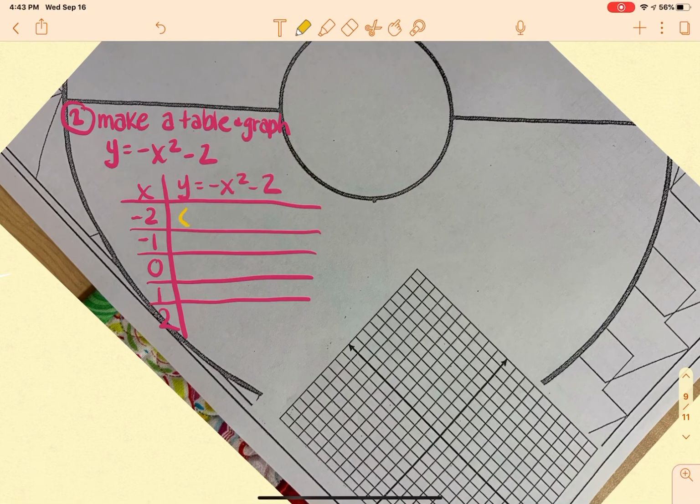Okay, so it's going to be negative 2 squared minus 2, negative 1 squared minus 2, negative 0 squared minus 2, negative 1 squared minus 2, negative 2 squared minus 2.